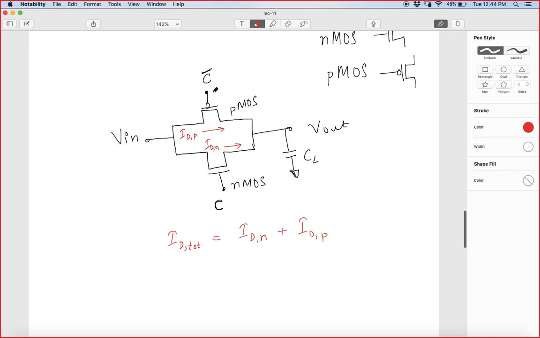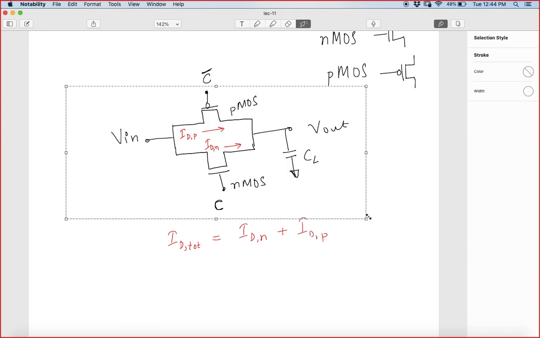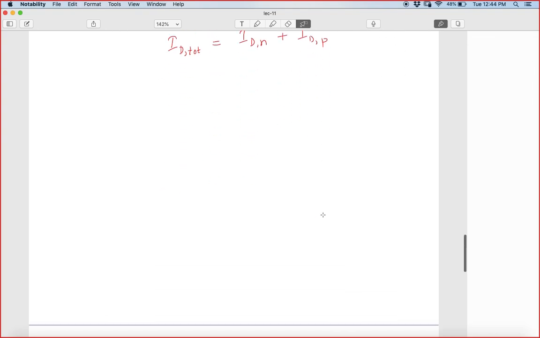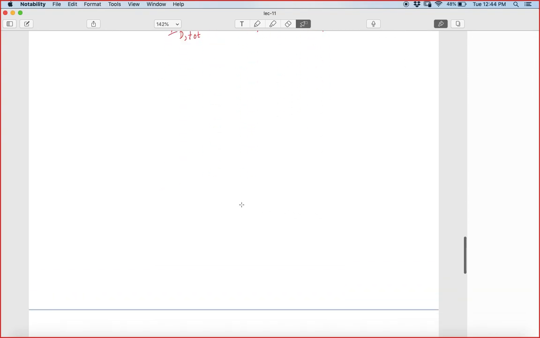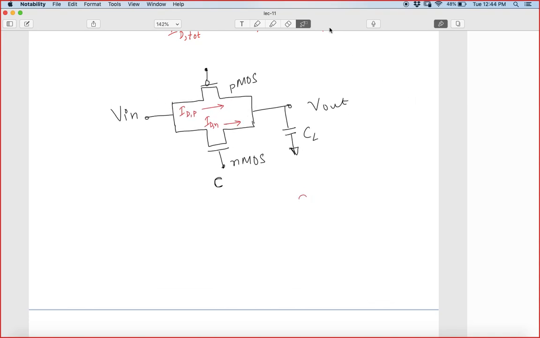Of course, to turn on the gate, I am applying VDD here, and this will be 0. So let's try to understand this special condition. How does the region of operation vary? So let's delete and draw a different one.